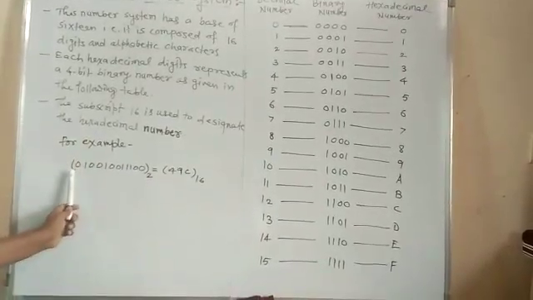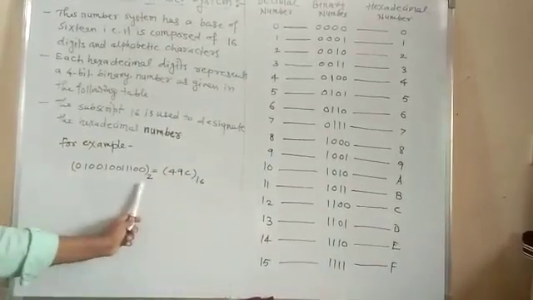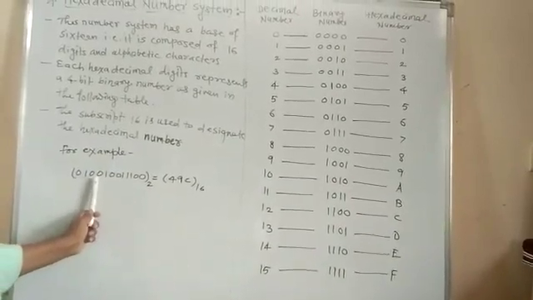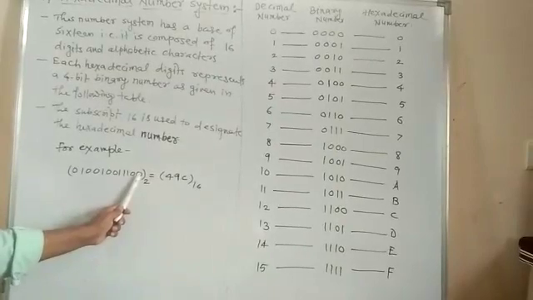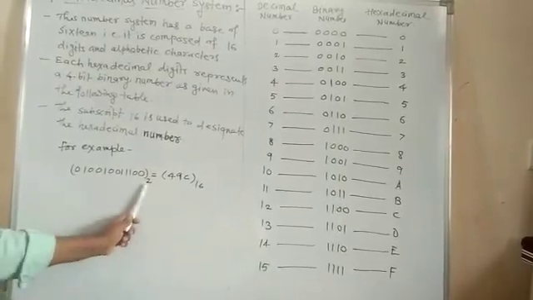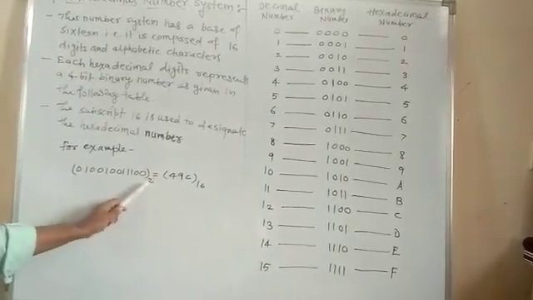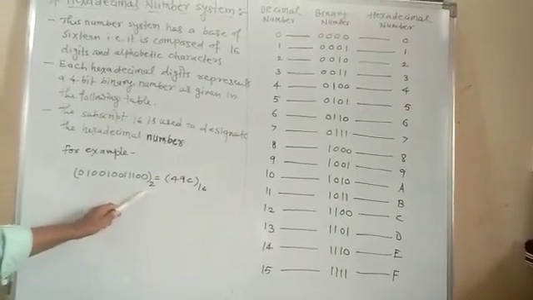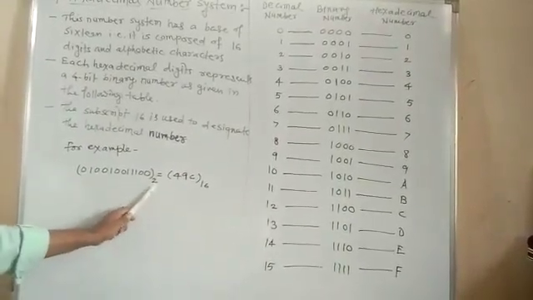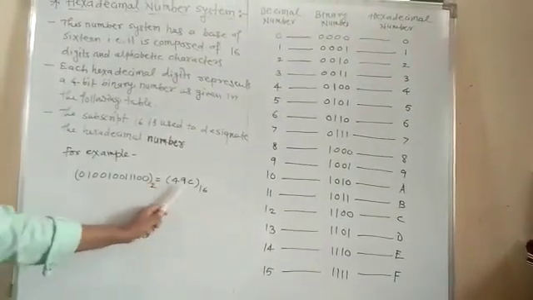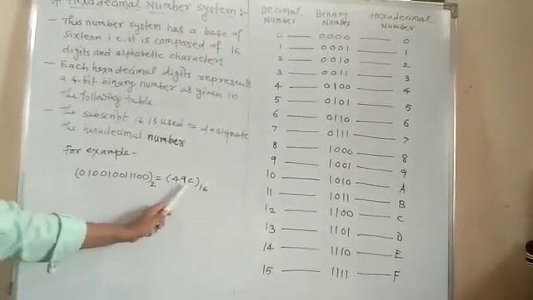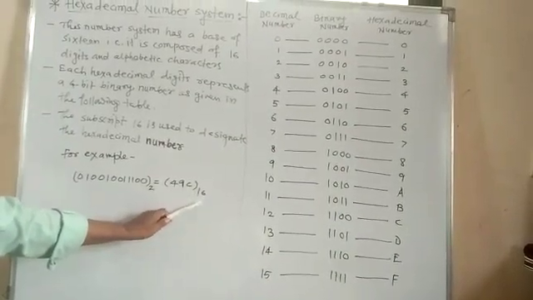For example, this is a binary number. We have written here 0100 1001 1100. This is a binary number and we have used here subscript 2 because it is binary. This binary number we can write in this manner, 49C, but the subscript is 16.